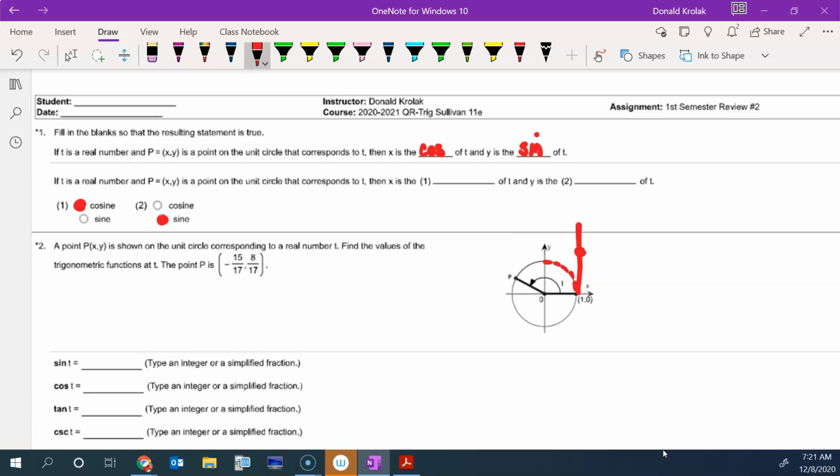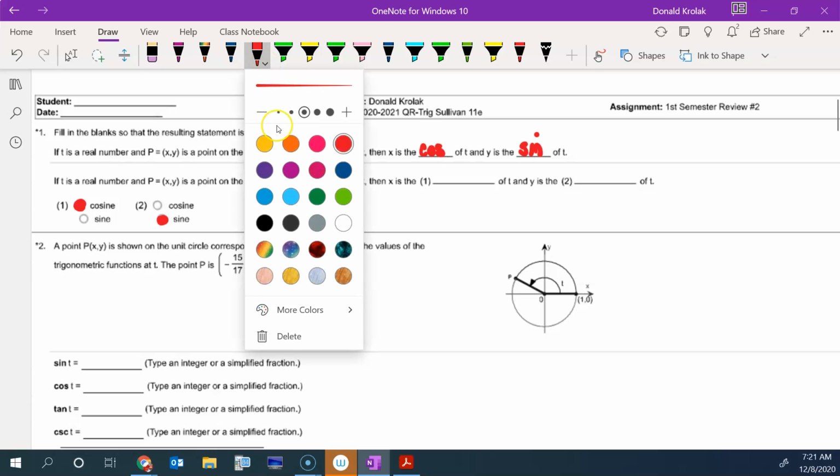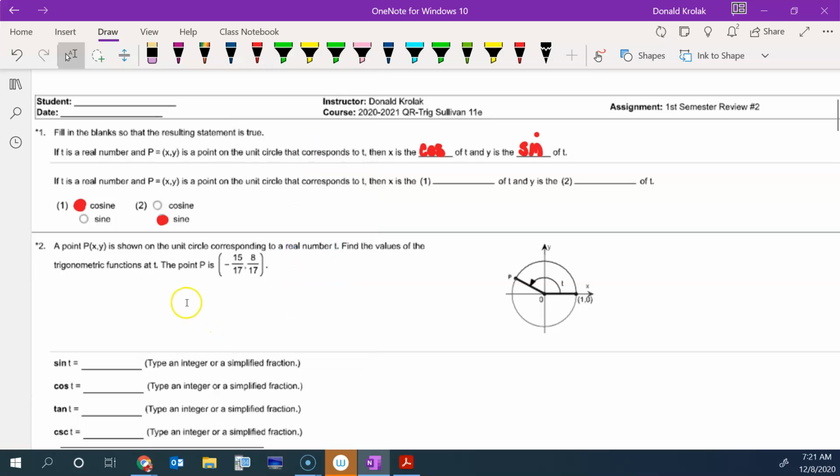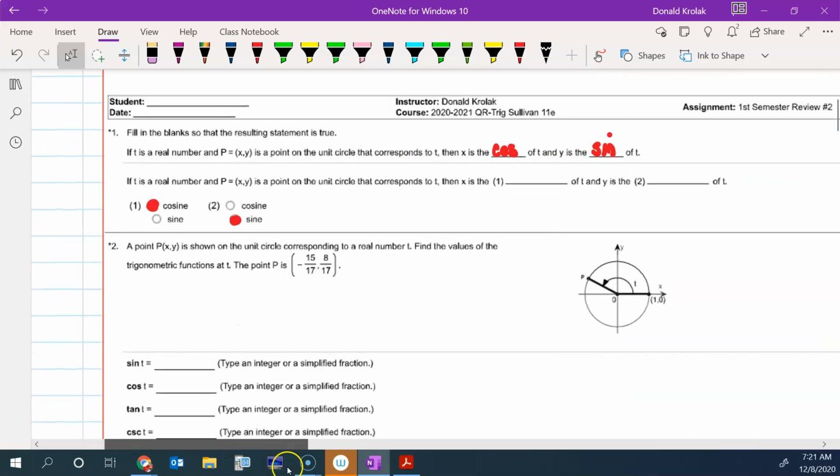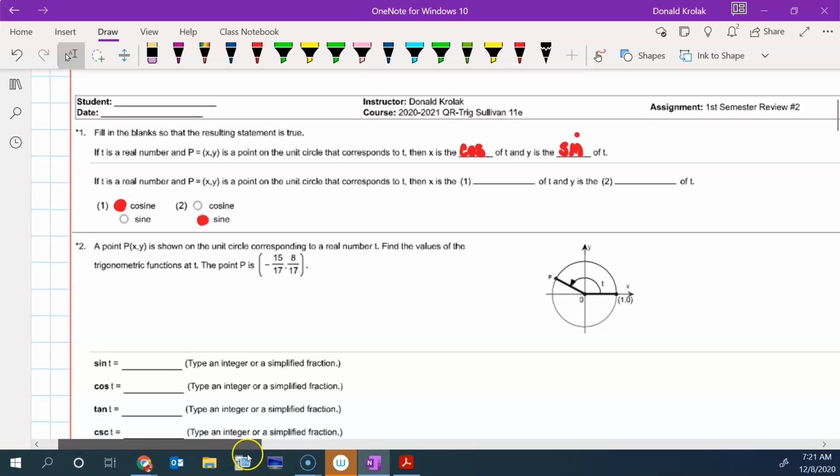And when you have a point on that line and it lands on the unit circle, you can describe its location using an x and a y, just like you would locate something on a grid using x and y. So the question is, find the values of the trig functions for this particular point. On your paper, what I would do is make a quick sketch of this and label it.